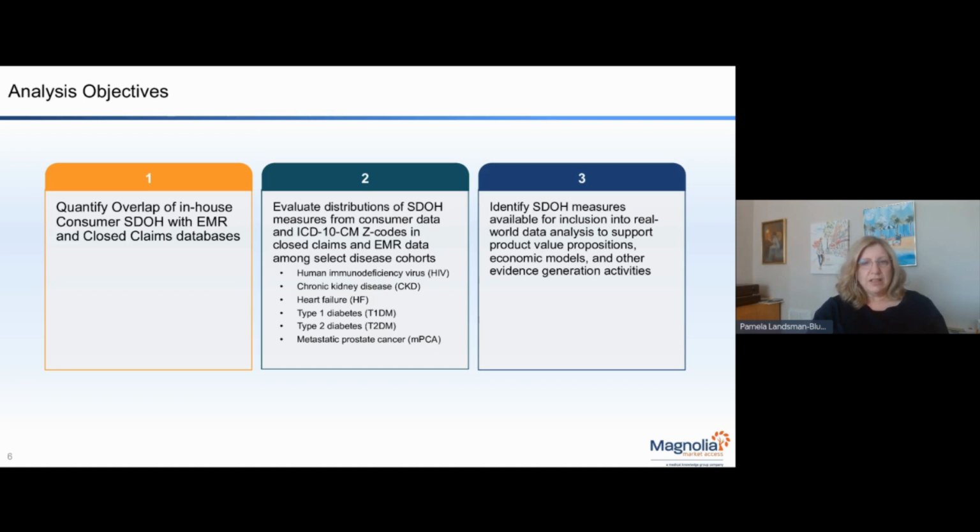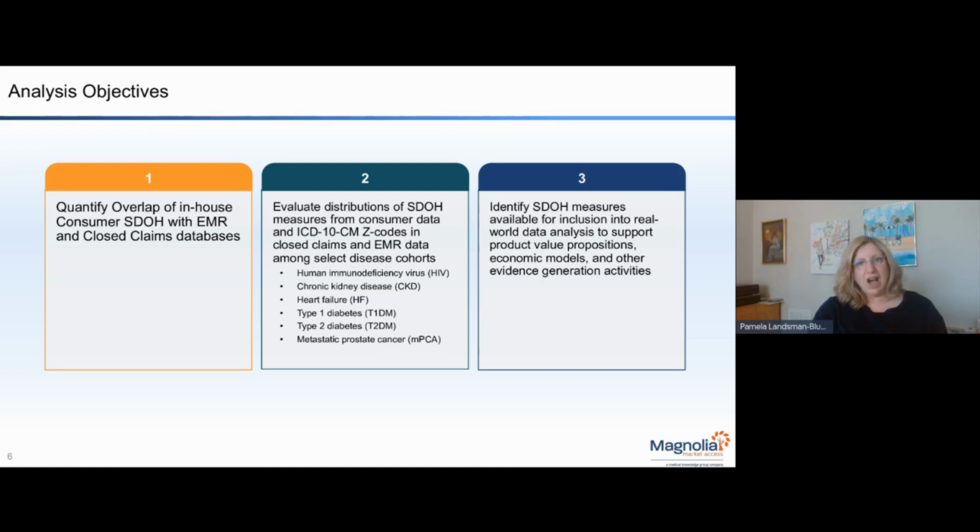Then we wanted to look at the distribution of different social determinants of health measures from the consumer data with ICD-10 data, as well as some ICD-10 Z codes, which you may or may not be familiar with. I'll discuss those a little later. They are available in the closed claims and in the EMR.